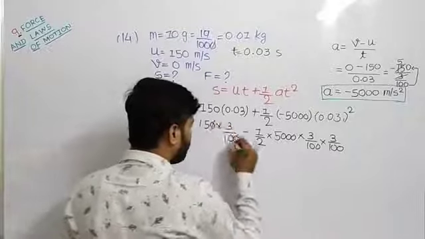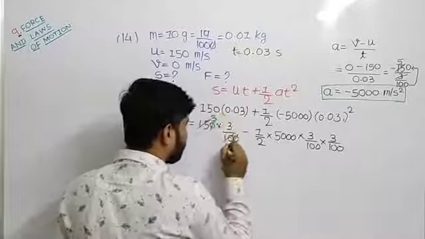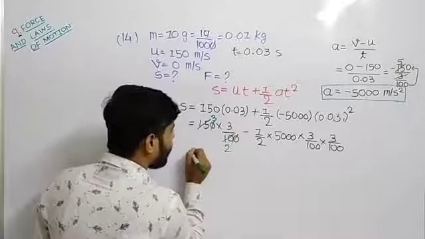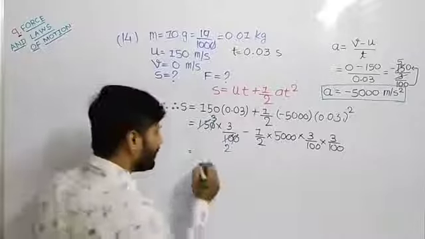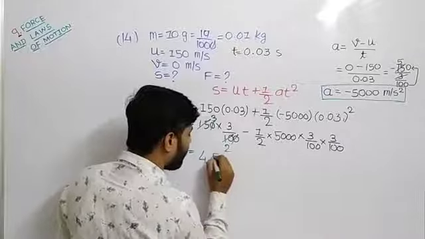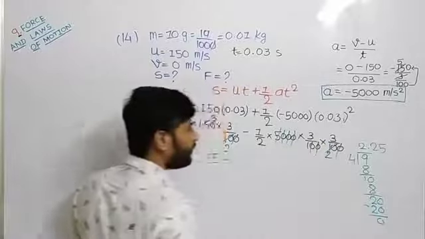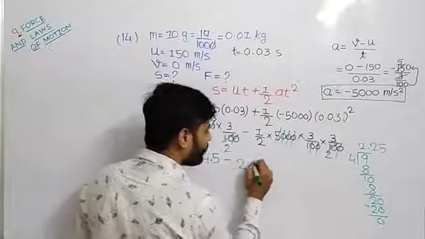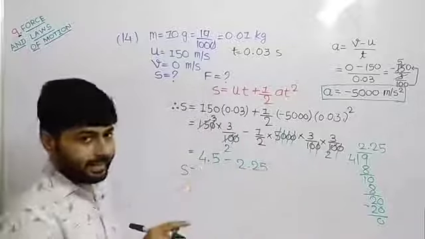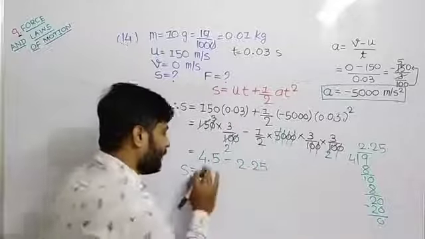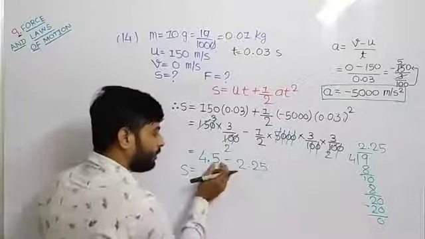Okay, this 0 will be cut. 3 into 3 is 9, divide 2, that is 4.5. 3 3s are 9, divide 4, 2.25. So the distance penetrated in the wooden block will be 4.5 minus 2.25.